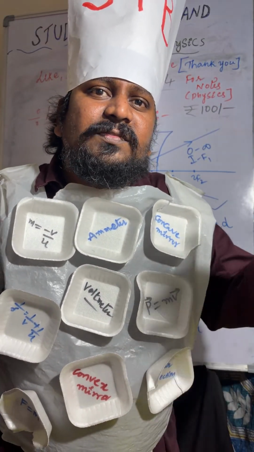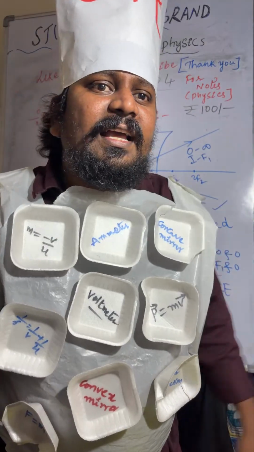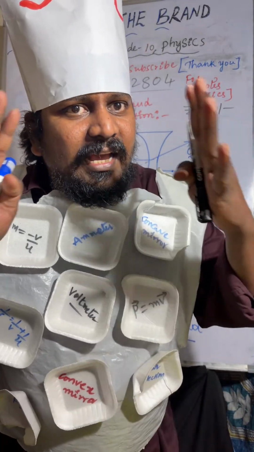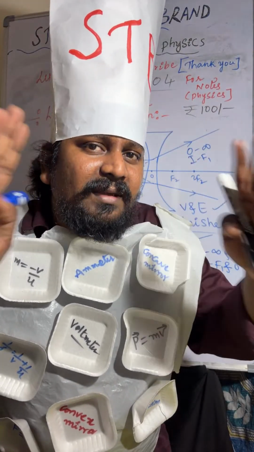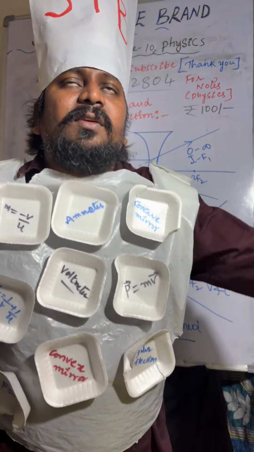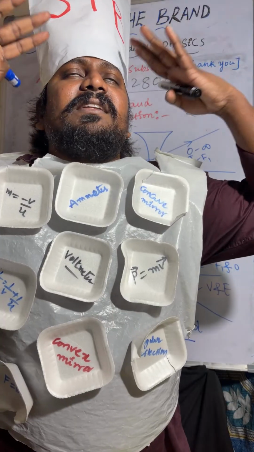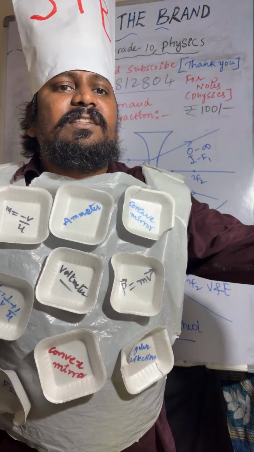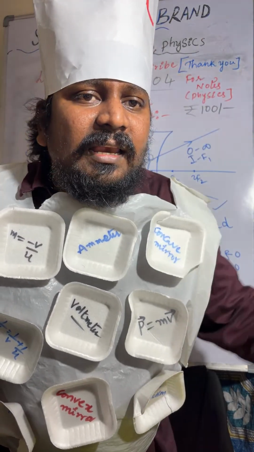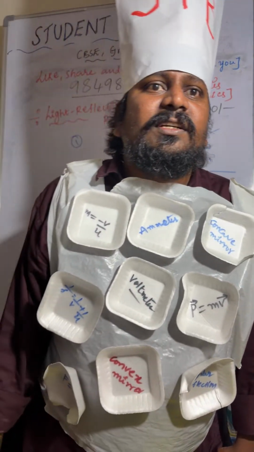Because the image is formed at a focus, it is highly diminished. Point size image is forming at focus. That's why it is called highly diminished.